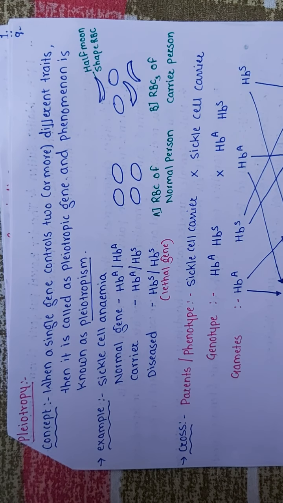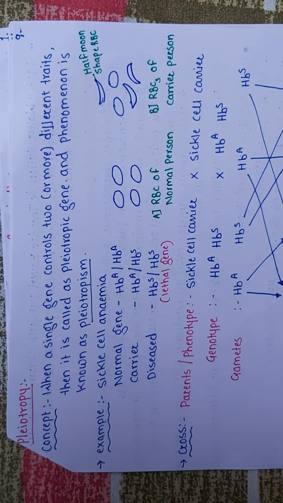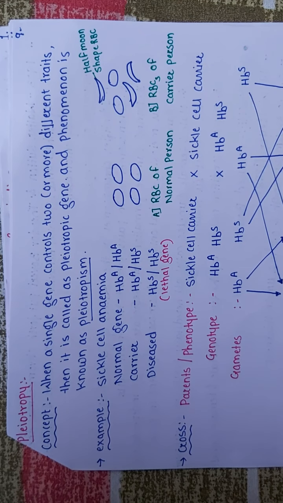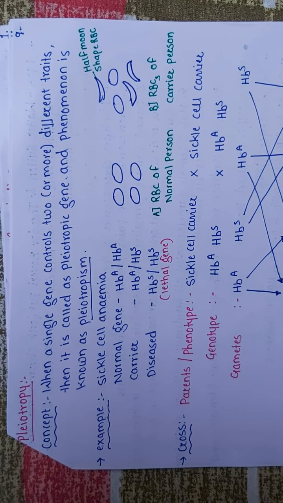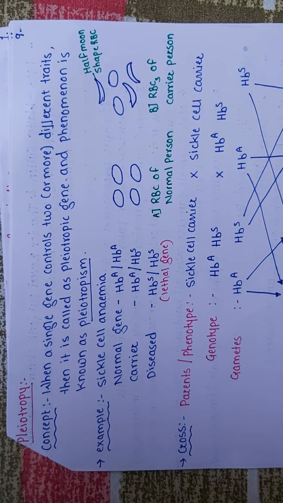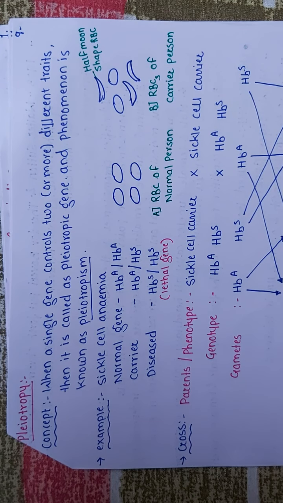According to Mendel's principle of unit character, one gene controls one character, that is, a trait, but sometimes a single gene produces two related or unrelated phenotypic expressions. That is why they discuss the example of sickle cell anemia, which is caused by the gene HBS.